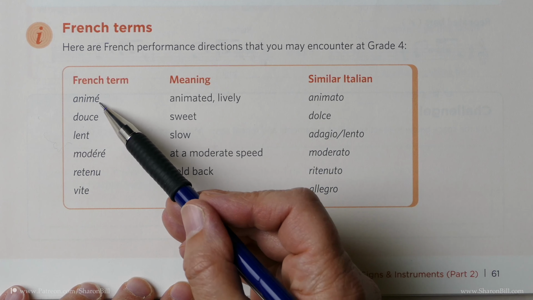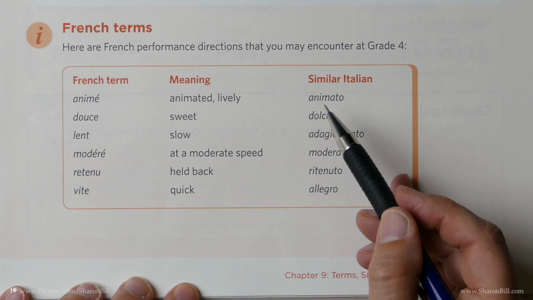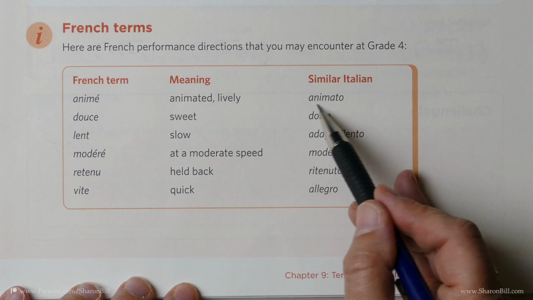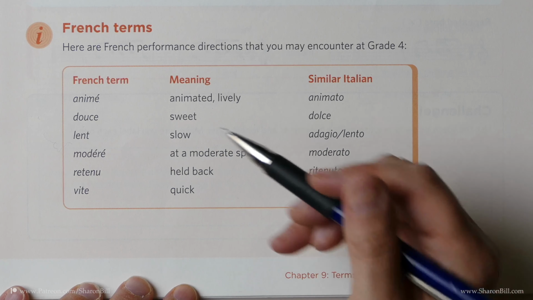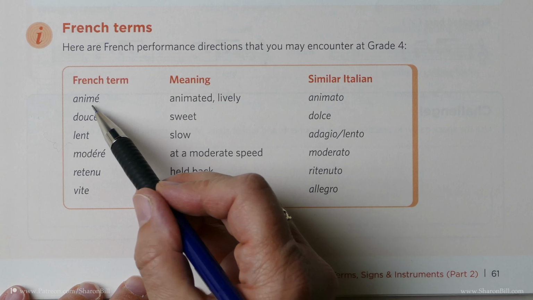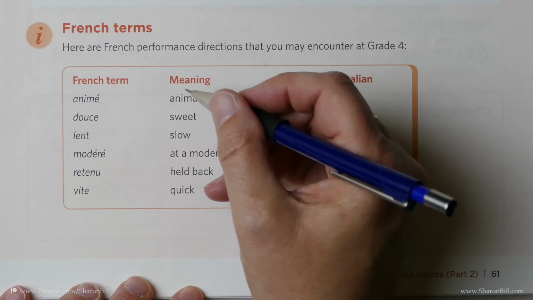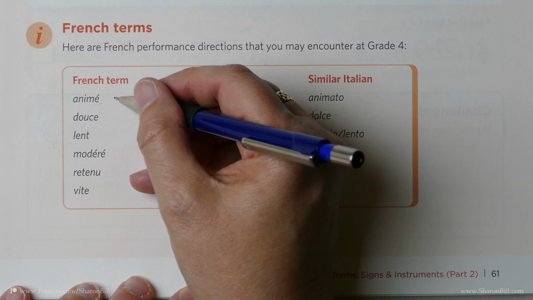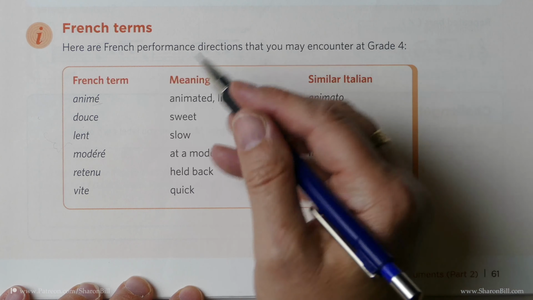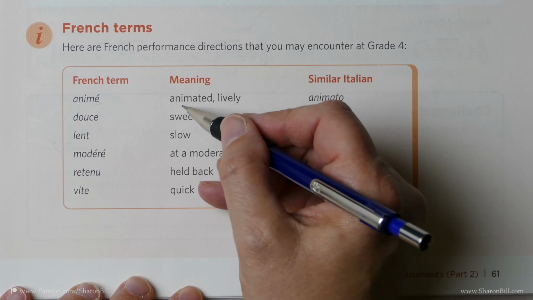We have animé, which means animated and lively. And in a similar way, animato is Italian. Be careful not to confuse that with anima, however, which is a different word entirely. So animé is animated. And I guess you could use all of the anime cartoons to help you there. Although that's not French, I realise, but it's an animation.